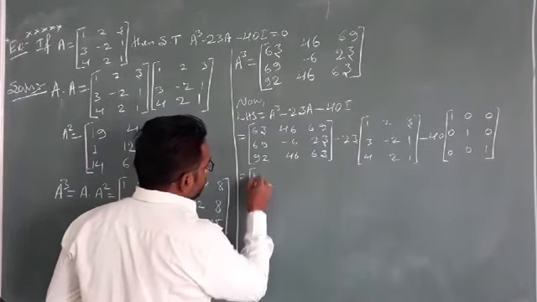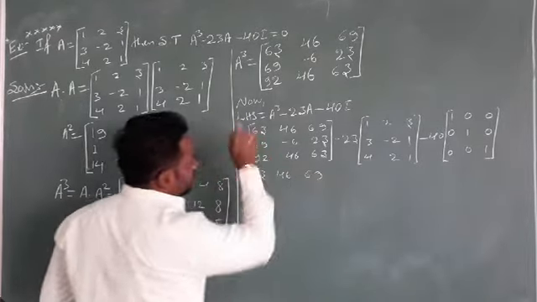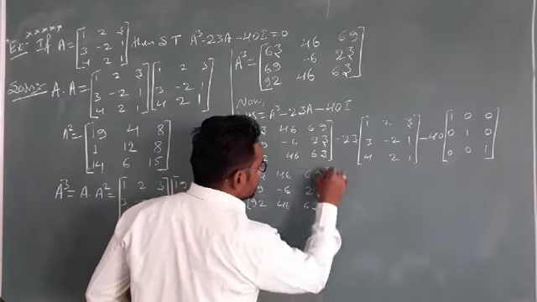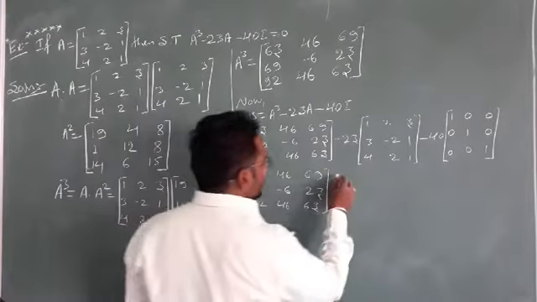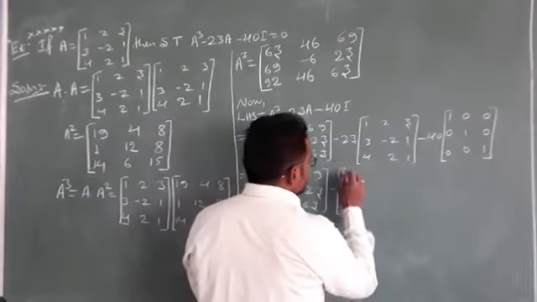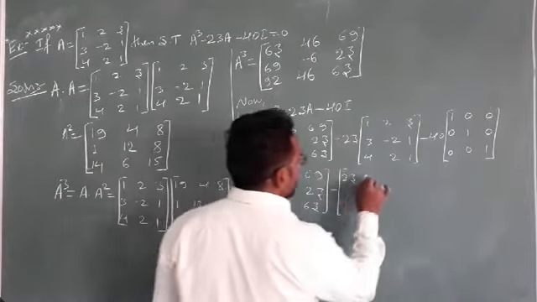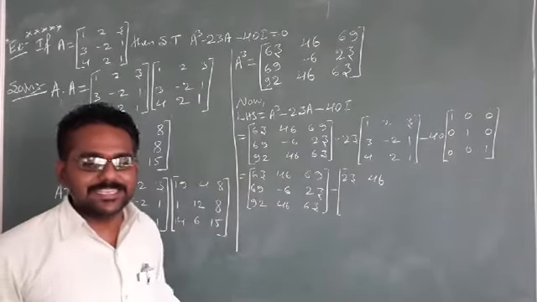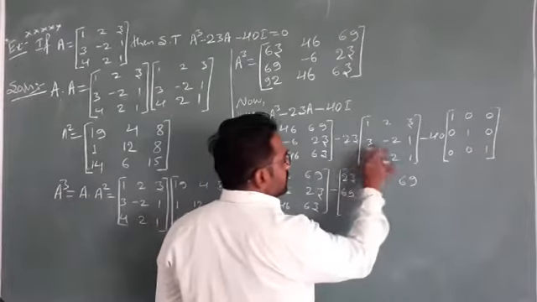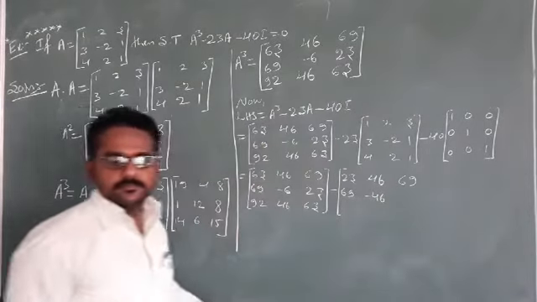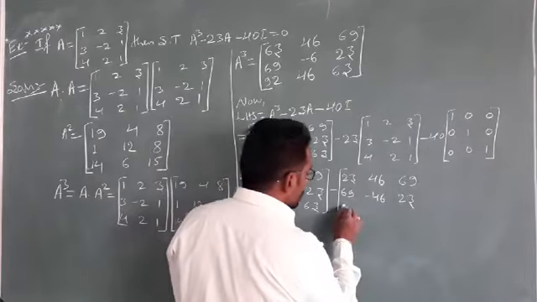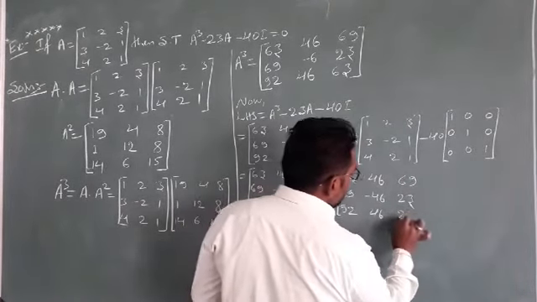So see here, students, 63, 46, 69, I will write A cube as it is now: 69, minus 6, 23, 92, 46, 63, minus, multiplying 23 with each element of the matrix A. 23 into 1, 23, 23 into 2, that is 46, 23 into 3, 69, I am just multiplying 23. 23 into 3, 69, 23 into minus 2, minus 46, 23 into 1, 23, 23 into 4, what is the value, students? 92, 23 into 2, 46, 23 into 1, 23.